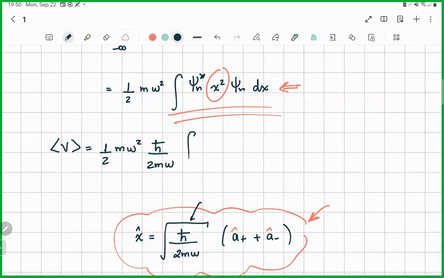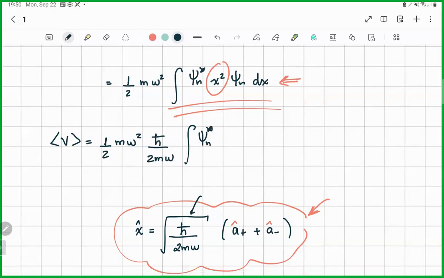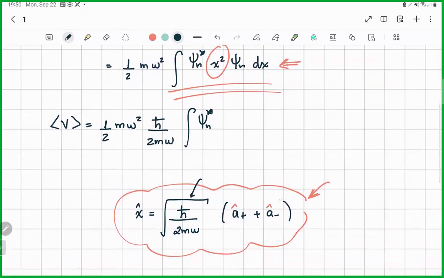And inside the integral, we have psi n complex conjugate. And now let's do the square. Careful with the order. Okay, so I'm going to do the square here. A plus plus A minus, A plus plus A minus. And so we have to be careful because we are dealing with operators. So if we are dealing with operators, we have to go one by one. This term becomes A plus A plus.